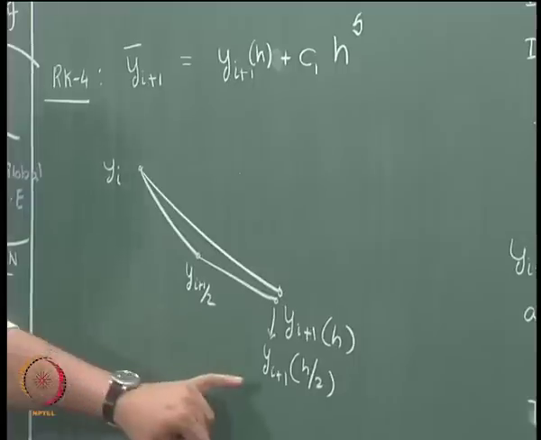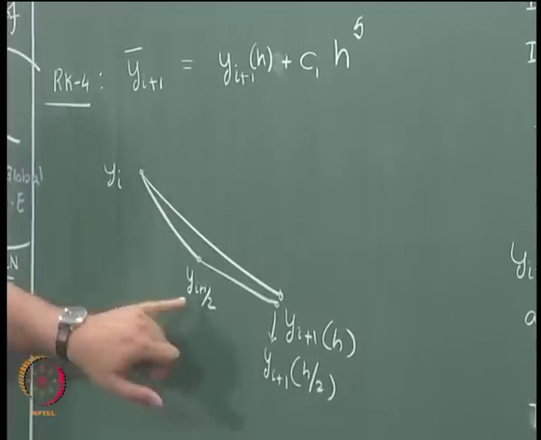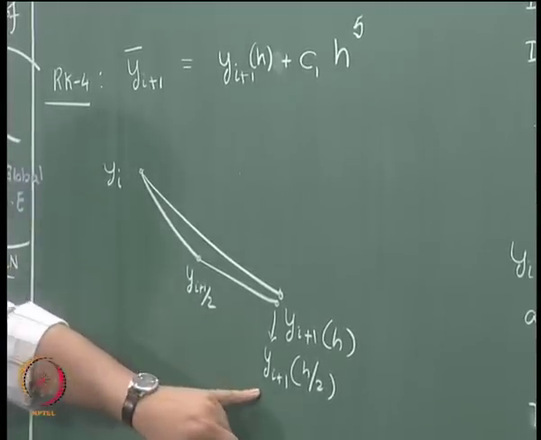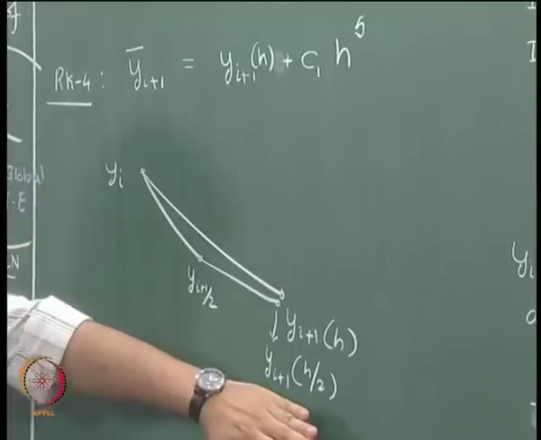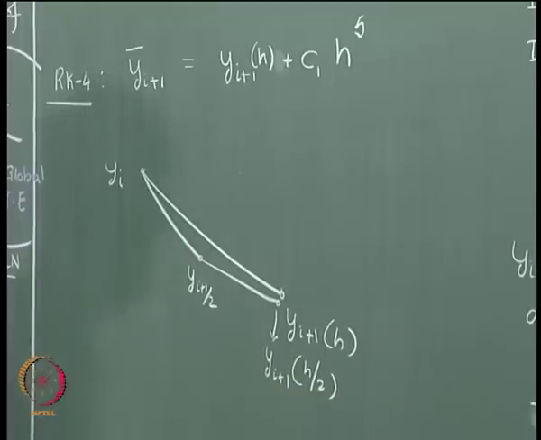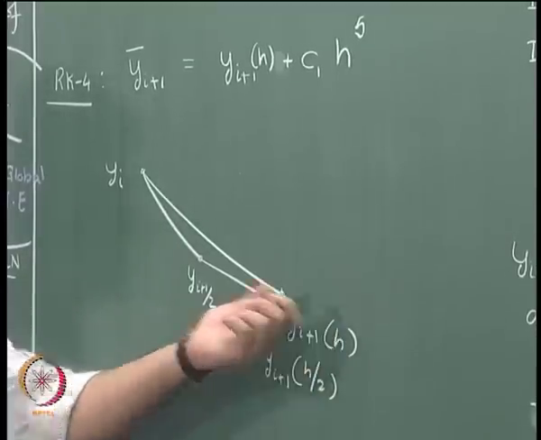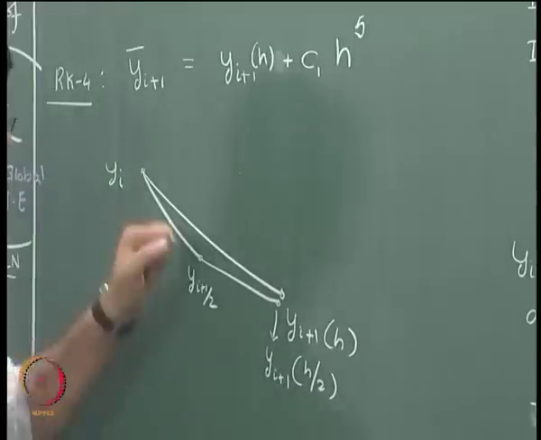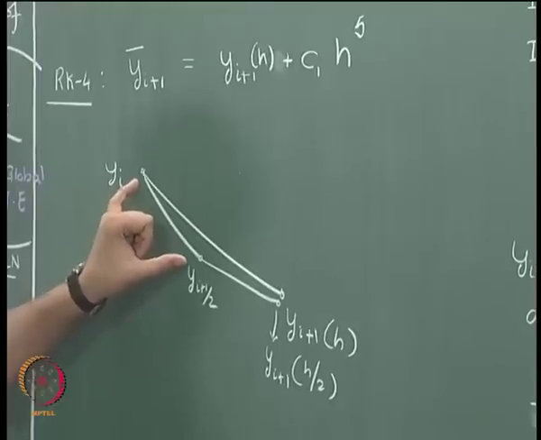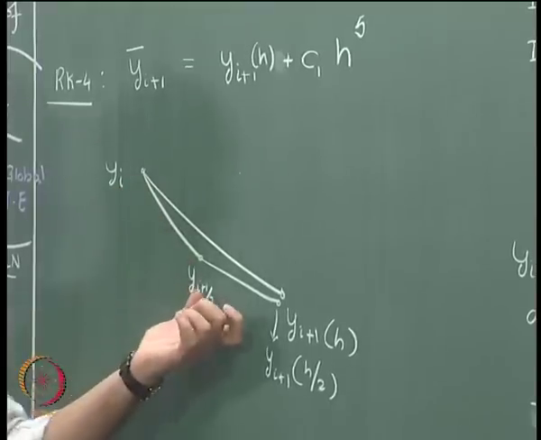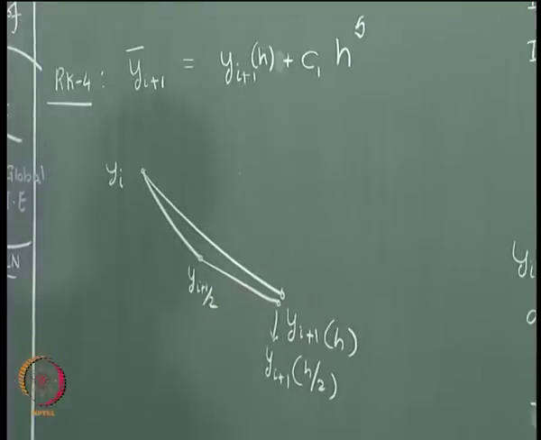When we use this method, it is going to be more accurate, as we have been seeing all throughout, in giving us the value of yi plus 1 compared to the method using one single step from yi to yi plus 1. There will be an error associated with this step as well as an error associated with this step.